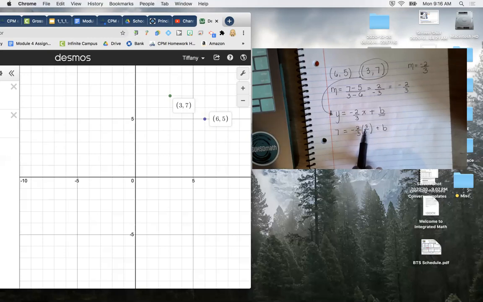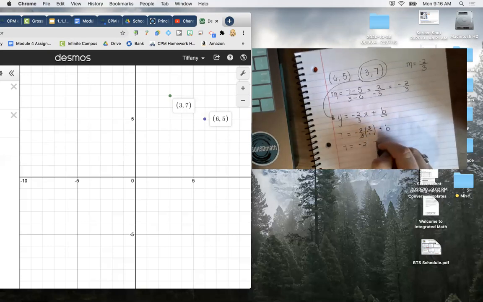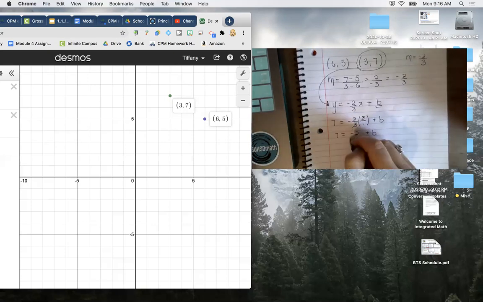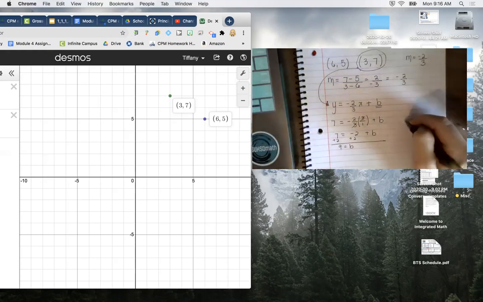But I tend to do this, like 3 goes into 3 one time. So I end up with a -2 over 1. Regardless, I get 7 is equal to -2 plus b. I need to add the 2 to the other side to solve for b. So I get 9 is equal to b. That was my last step. I have y is equal to -2/3 x plus 9.